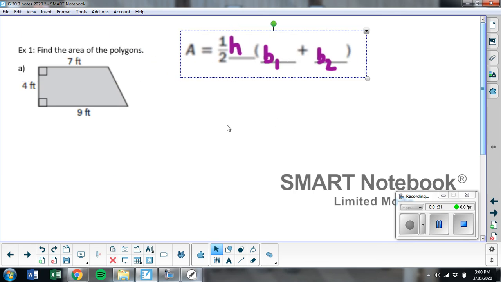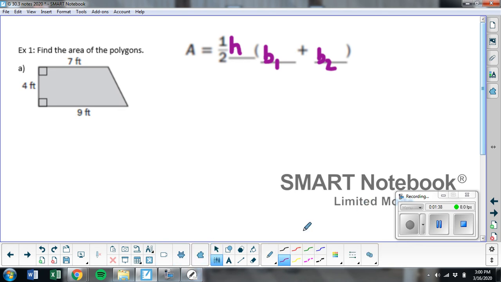Okay, so we have our formula for area of this trapezoid. Let's go ahead and plug in what we know. We know that the height is 4, and the bases are 7 and 9.